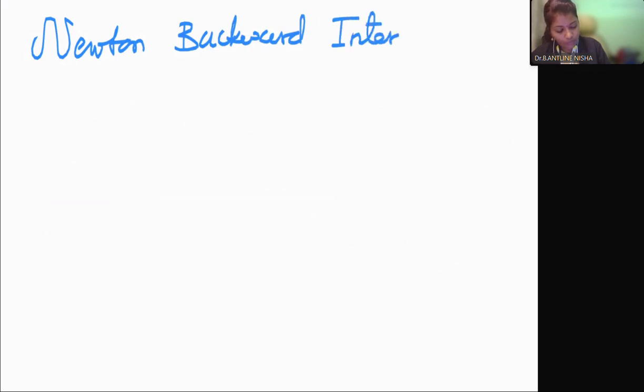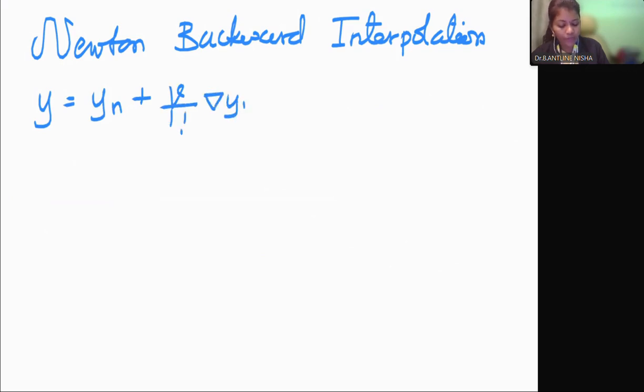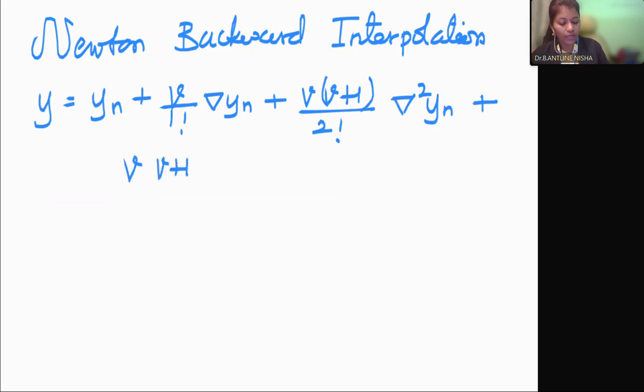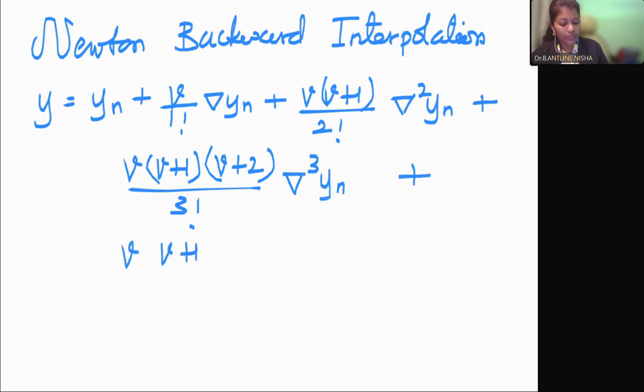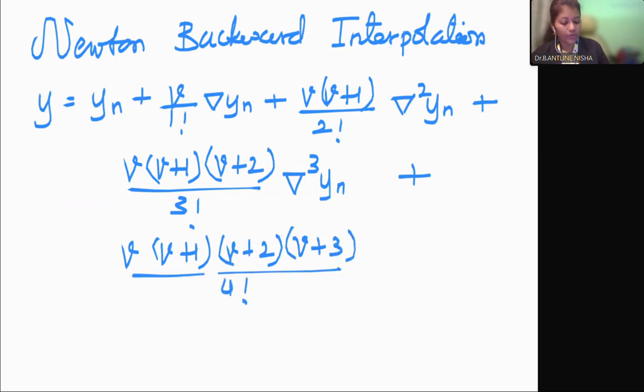Interpolation formula. y is equal to yn plus v by 1 factorial into del yn, plus v into v plus 1 divided by 2 factorial into del square yn, plus v into v plus 1 into v plus 2 divided by 3 factorial into del cube yn, plus v into v plus 1, v plus 2, v plus 3 divided by 4 factorial into del power 4 yn, plus etc. It goes on.